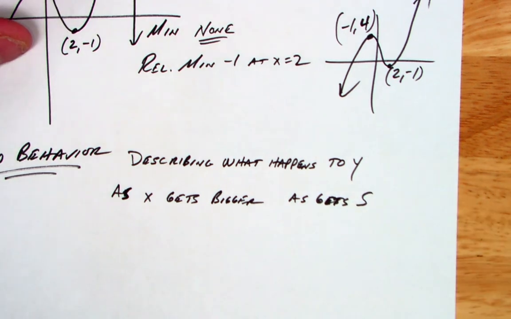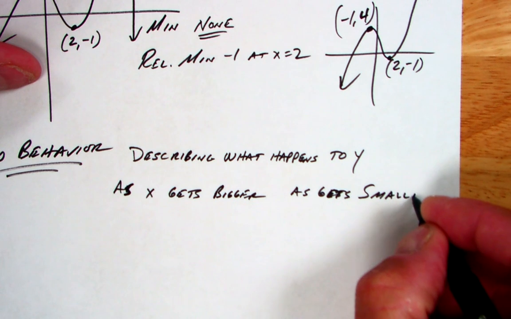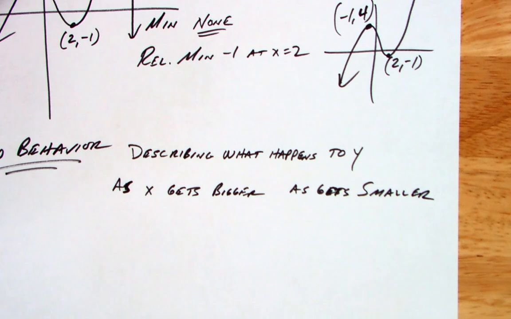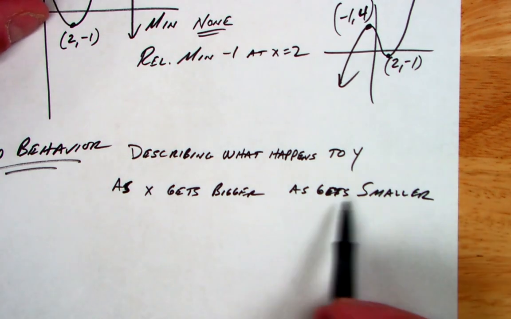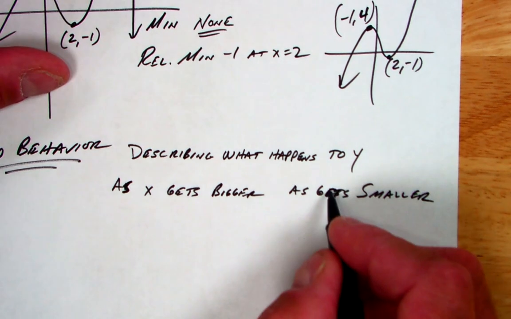I'm trying to write in pen so you can see it better, but I'd like to be able to erase some of my mistakes when I write too fast.